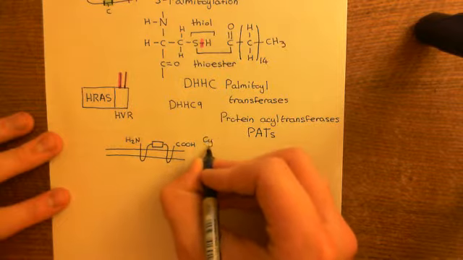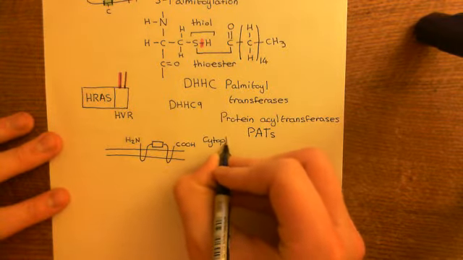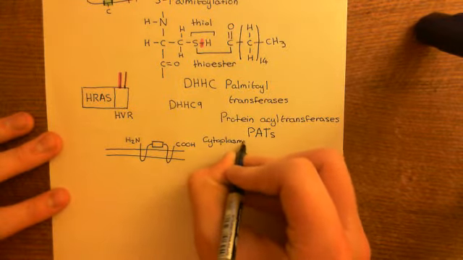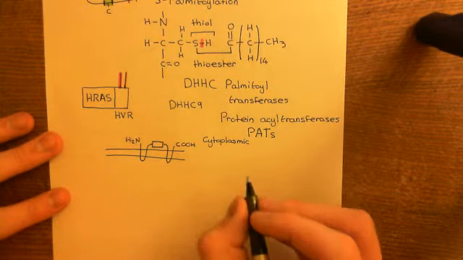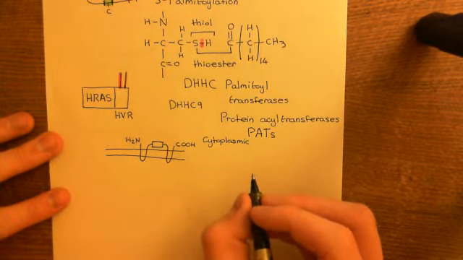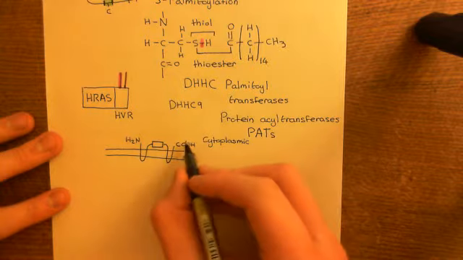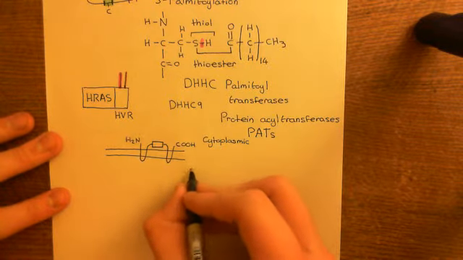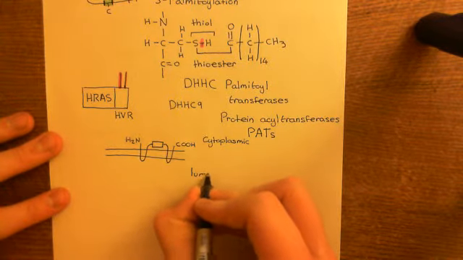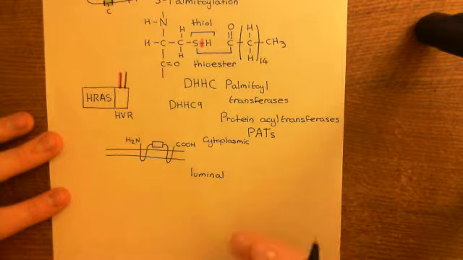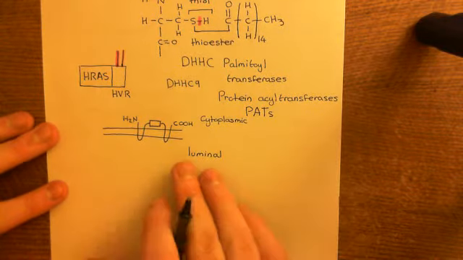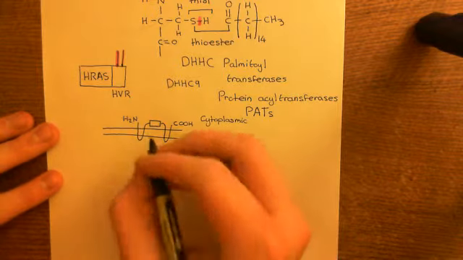This is the cytoplasmic side of the membrane. Remember, we're either talking about the endoplasmic reticulum membrane or the Golgi apparatus membrane. So one side will face into the cytoplasm and the other will face into the lumen of either the endoplasmic reticulum or the Golgi apparatus. So this is the luminal side over here.